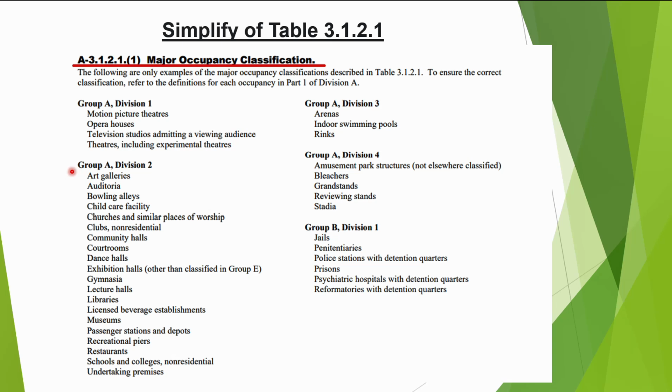What are some buildings that can fall under Group A Division 2? Art galleries, courtrooms, dance halls, libraries, and churches, maybe places of worship. The same goes for Group A Division 3 and Division 4. The list goes on. Again, depending on the risk of fire, that's how these buildings fall under each category.